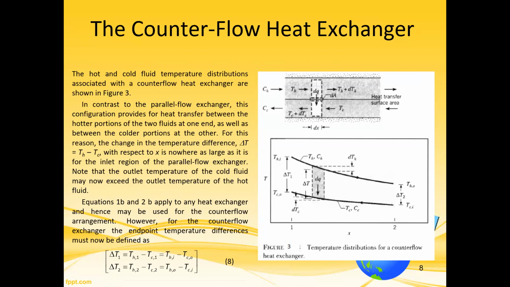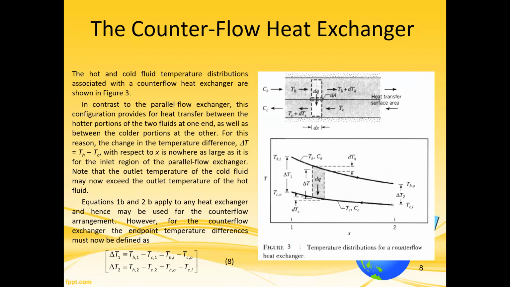For this reason, the change in the temperature difference, delta T = Th - Tc, with respect to x is now as large as it is for the inlet region of the parallel flow exchanger. Note that the outlet temperature of the cold fluid may now exceed the temperature of the hot fluid.